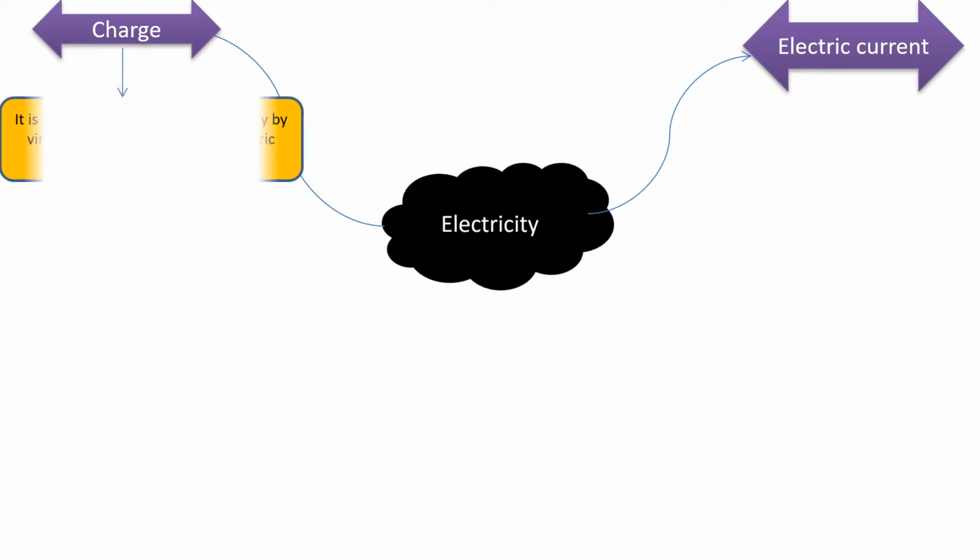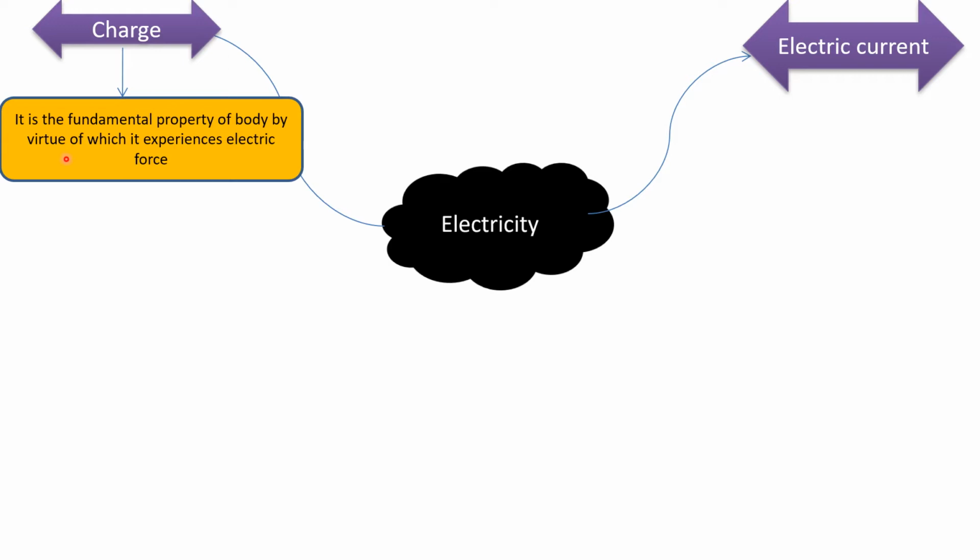As I told you, it is the fundamental property. But because of that fundamental property, any body experiences electric force. Okay. So how do we define it then? It is the fundamental property of any body by virtue of which it experiences electric force.